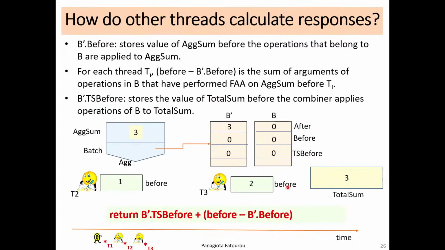Which is before minus B prime before now. But it doesn't matter. This is probably complicated. But this is how the scheme works, okay?